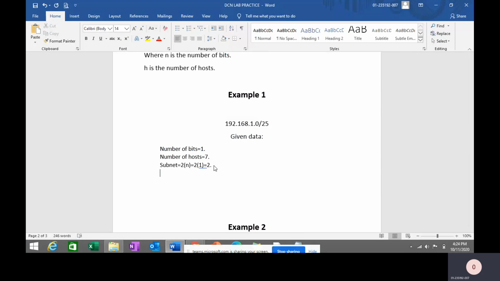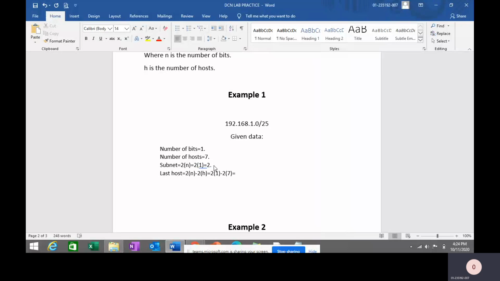Then the other thing is that we need to find out the range of that IP address, or the block of IP addresses. So how will we find that? We will find that through the concept of hosts, that is 2 raised to power h minus 2, where 2 raised to power h is 2 raised to 7.